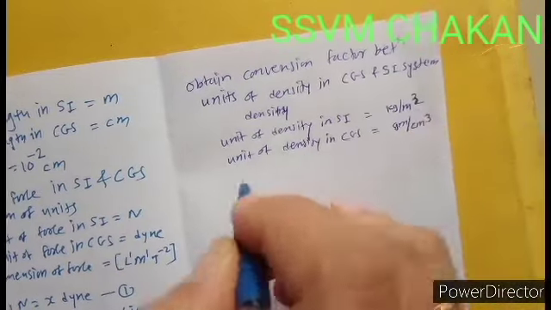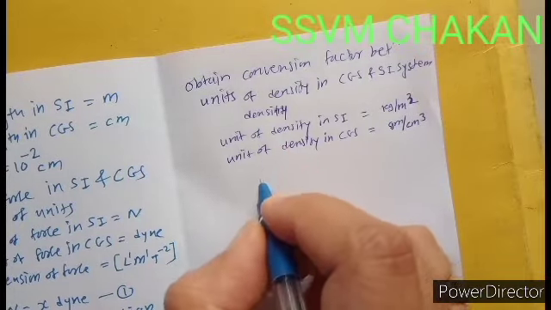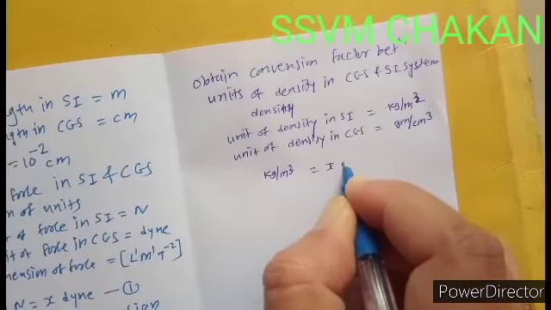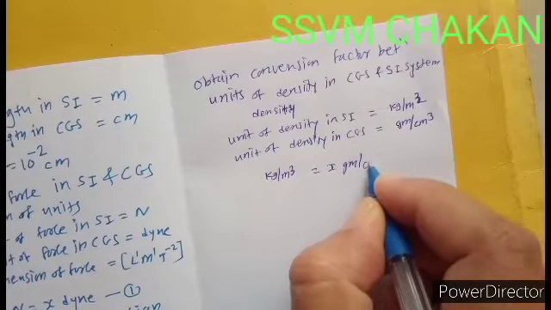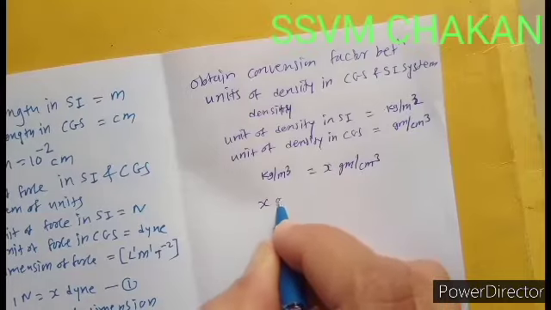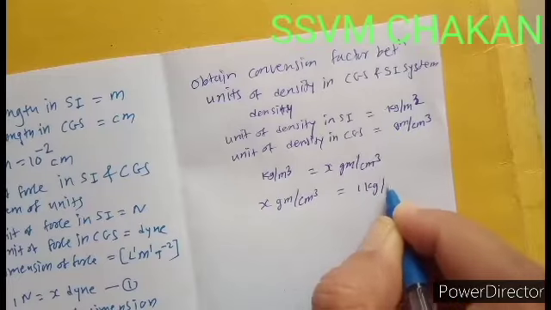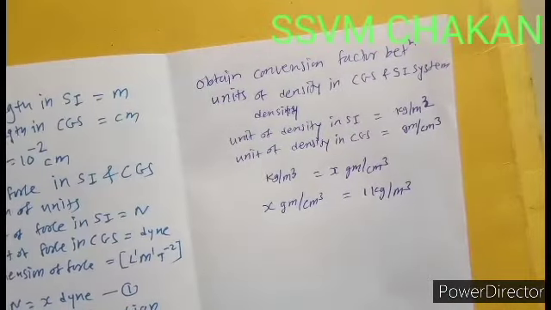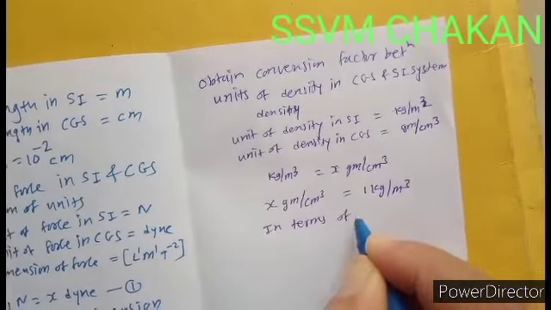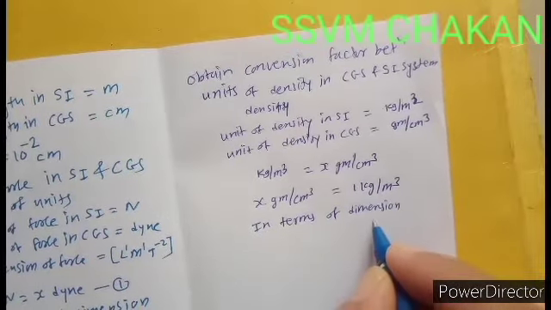Here is a meter cube. So we don't know the relation between SI and CGS. We write 1 kg per meter cube is equal to x gram per cm cube. In terms of dimension, first the dimension of density.